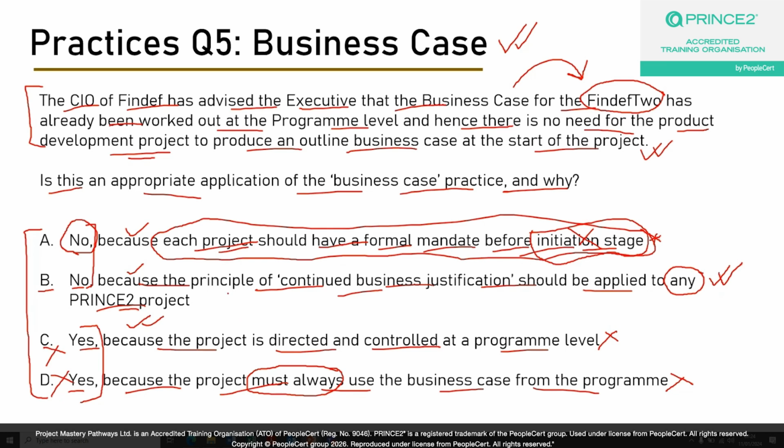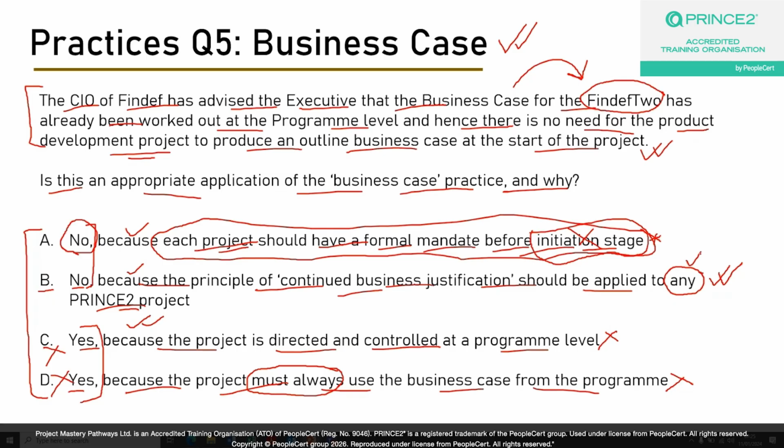So do not start blindly accepting or eliminating options based on superlatives, like if you see "must", "always", "any", "should", you start accepting or rejecting it. That is a very foolish shortcut that many PRINCE2 aspirants take, and they of course eventually end up selecting the incorrect option. So always evaluate any superlatives provided in a question based on the context.